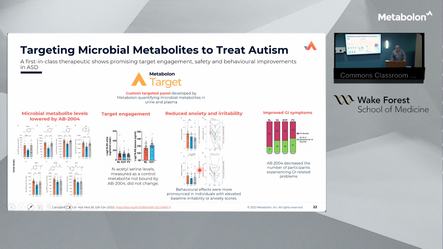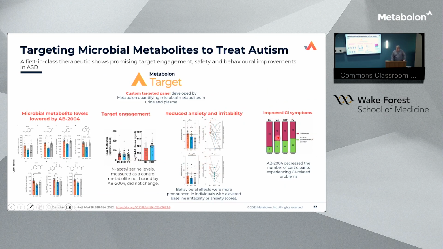Back to the efficacy: giving this treatment, they were able to show that by reducing the levels of these microbial metabolites, the behavioral aspects, the irritability as well as behavioral symptoms, were reduced as well. Quite a nice correlation between the metabolites and the phenotype.